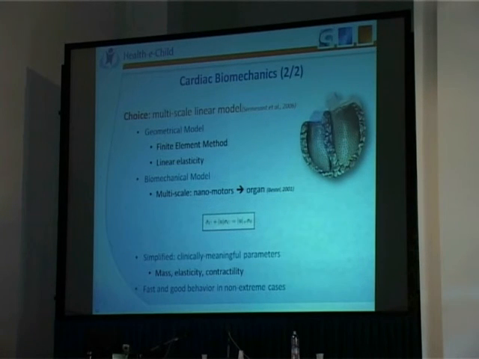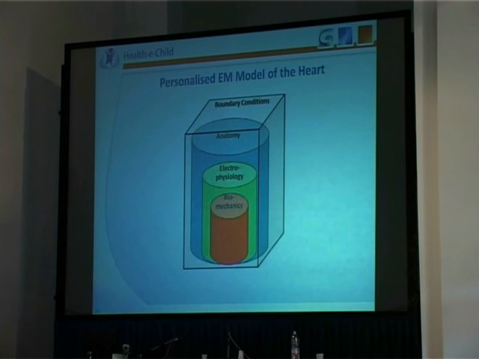The model we use is a simplification of the multi-scale model, which considers everything from the nanomotors to the organ, which has been simplified by Maxime Sermesant, and which is now controlled with very few parameters, just 4, basically. It's very fast, so you can do several simulations in 1 hour, so you can personalize it relatively easily.